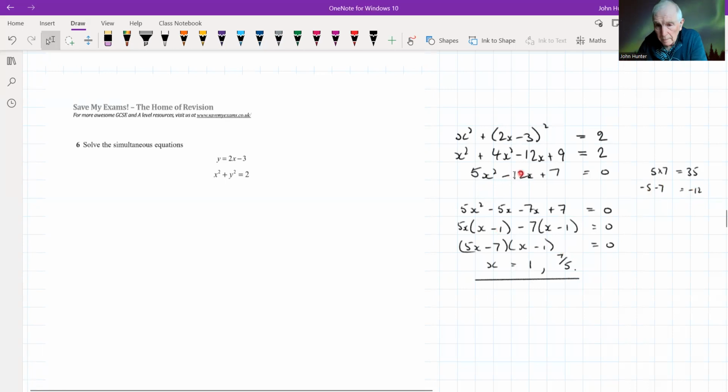So if we split the middle into minus 5x and minus 7x, we've got 5x squared minus 5x minus 7x plus 7. And then if we factorize each of them in pairs, it gives us 5x into x minus 1 minus 7 into x minus 1. And we can group the 5x with the 7 like this, and it gives us a solution of x equals 1 or 7/5.